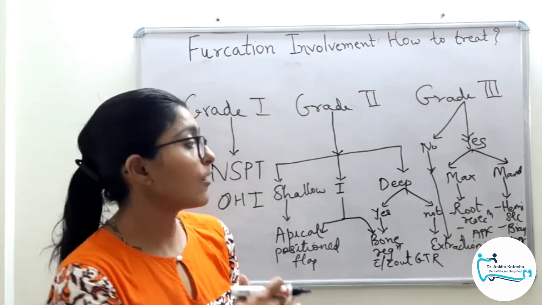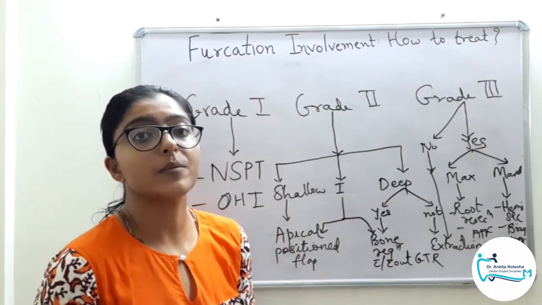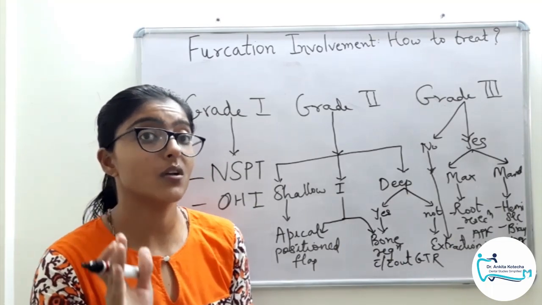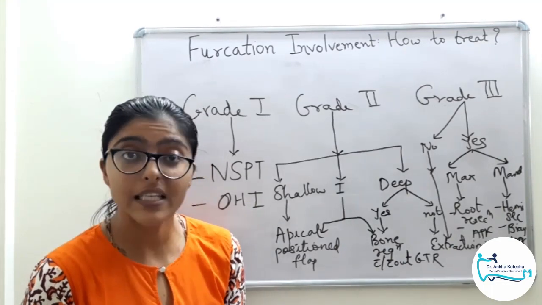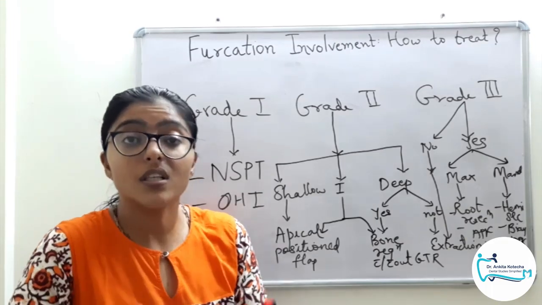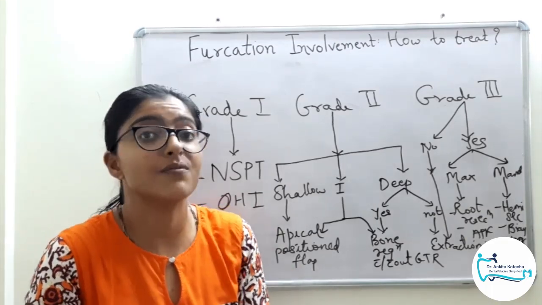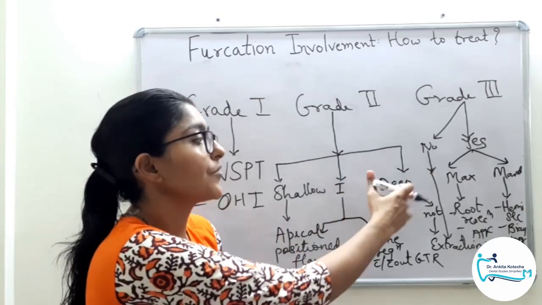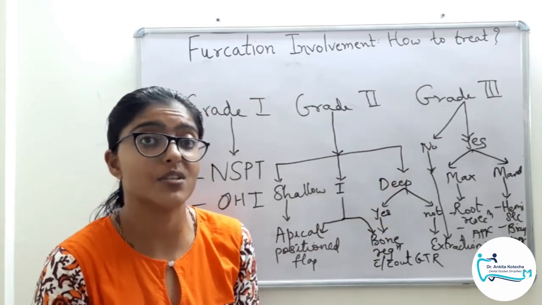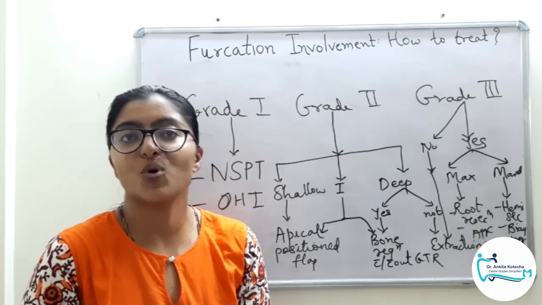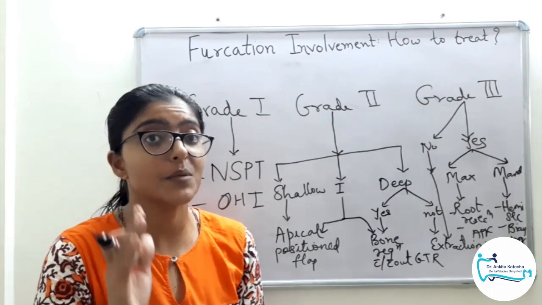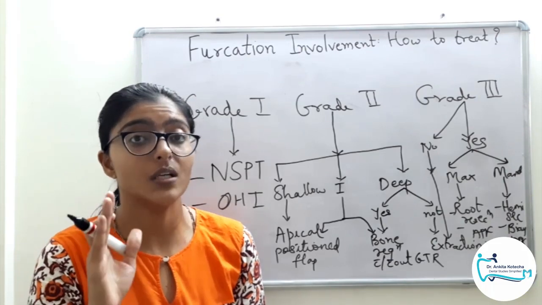But again, after doing any given treatment option here, the patient must be thoroughly educated about the disease that he had carried and the treatment that we did, and now the ball is in his court. Yes, we have done our job of doing whatever treatment was considered for that case, but now it is the patient's job to maintain whatever we have done, because the ultimate prognosis lies in the hands of the patient.